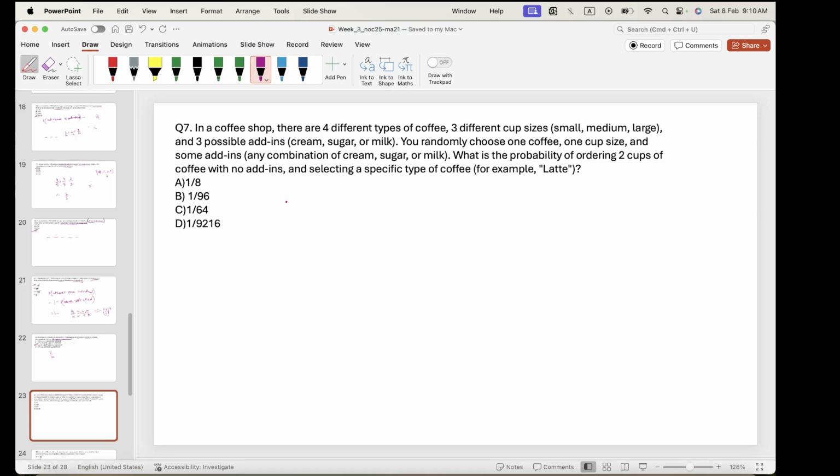1 by 4. Somebody ordered 2 cups of coffee with no add-ins. Selecting a specific type of coffee, 1 by 4, into 3, into 1 by 2.